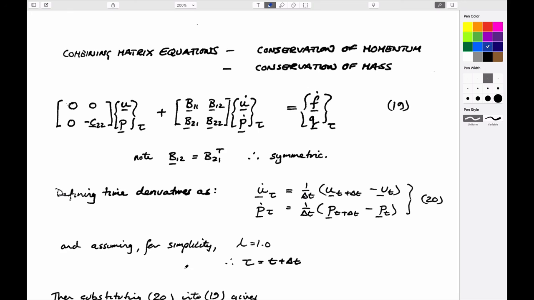So wipe your mind clean then of what we've done. We've solved two systems of equations. Conservation of momentum is F equals ma, and continuity, conservation of mass, is that dv dx, if we write it in these terms, is equal to accumulation.